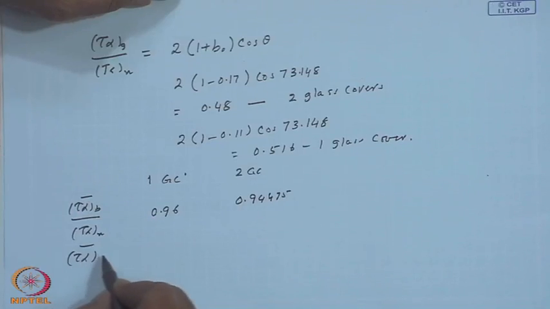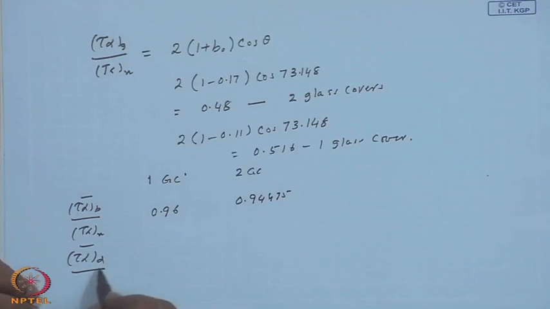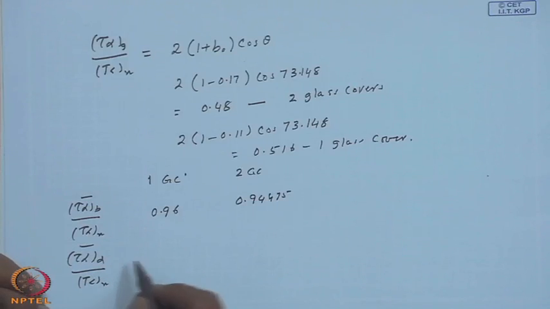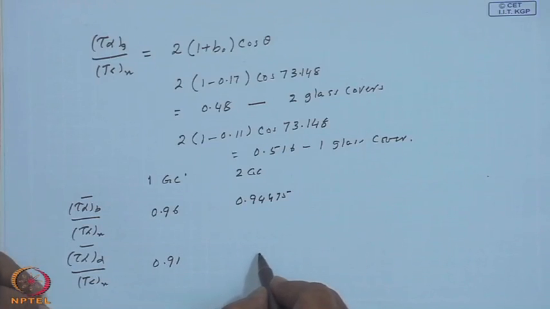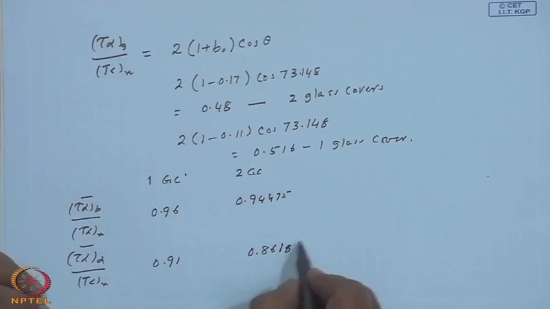Tau alpha bar d by tau alpha n for one glass cover is 0.91, and for two glass covers 0.86183, I think.